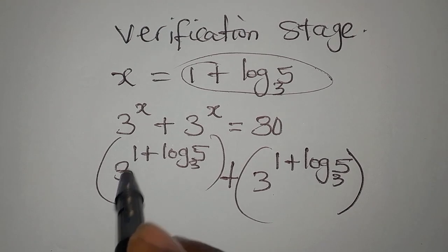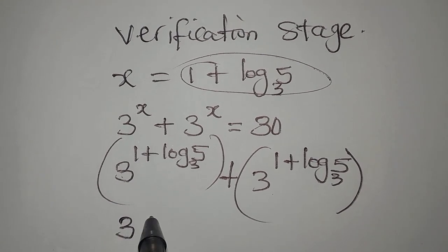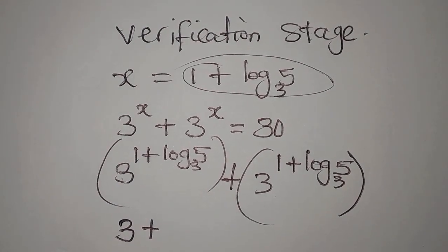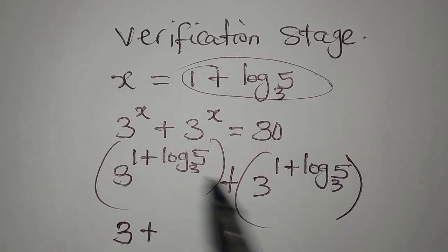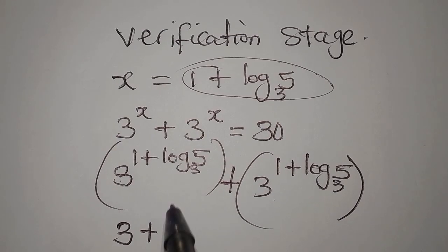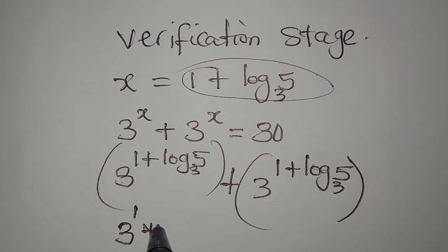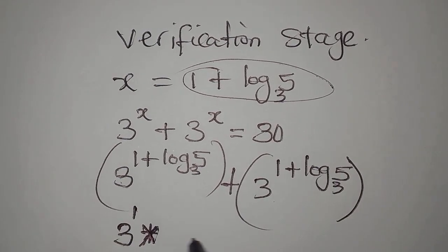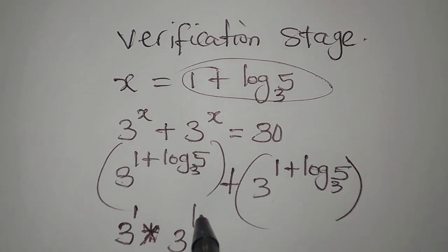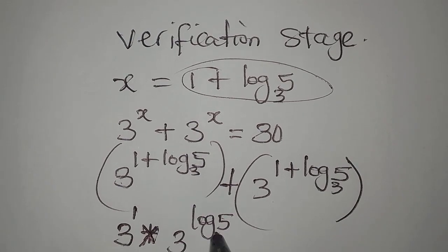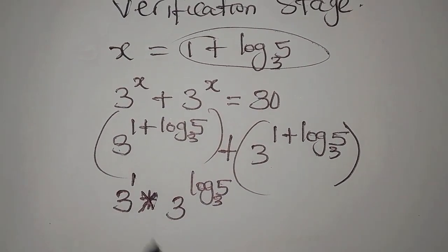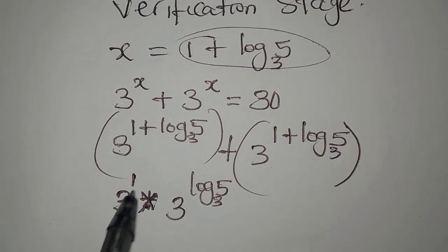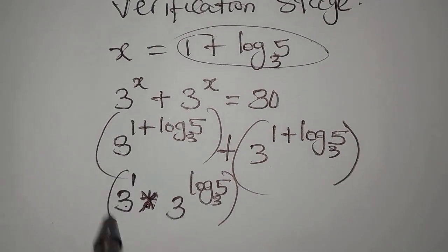Now we have 3 to the power of 1, that is 3, plus, okay, let me do something right away. This is 3 to the power of 1 multiplied by 3 to the power of log 5 to base 3. Since we are multiplying, we pick one of the bases and add the powers.